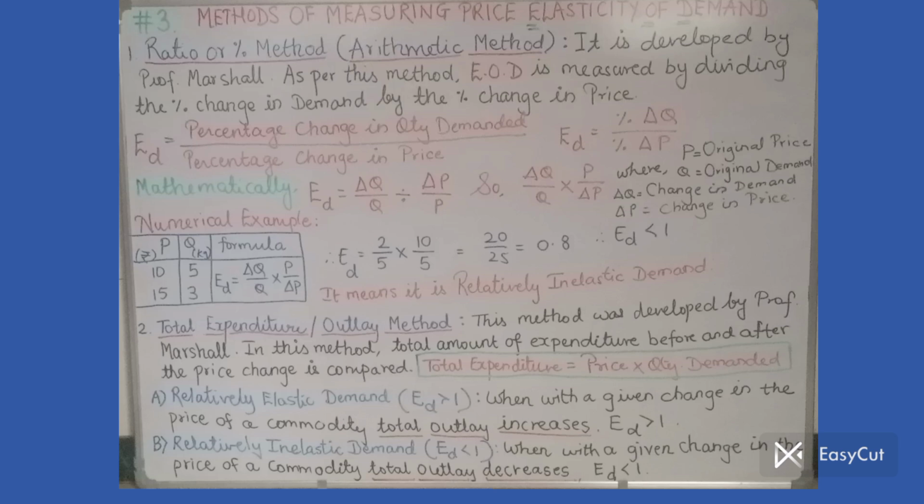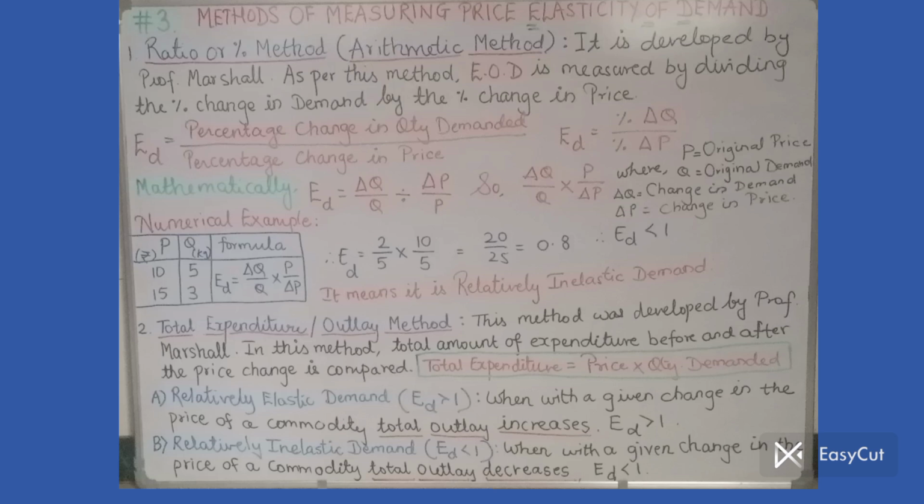First, three propositions. First one, relatively elastic demand. If ED is greater than 1, it is relatively elastic demand. Meaning, whenever there is a change in the price of a commodity and it leads to an increase in the total outlay, that means it is relatively elastic demand.